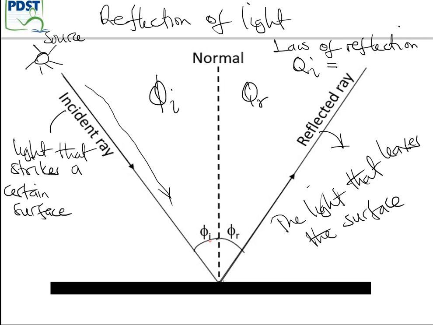So the angle of incidence is equal to the angle of reflection, which means this angle here is equal to this angle. What does this mean? Let's suppose you have a flashlight and you want to make a wide reflection, it means you need to increase the angle of incidence. If you want to make a less wide reflection, you need to decrease the angle of incidence.